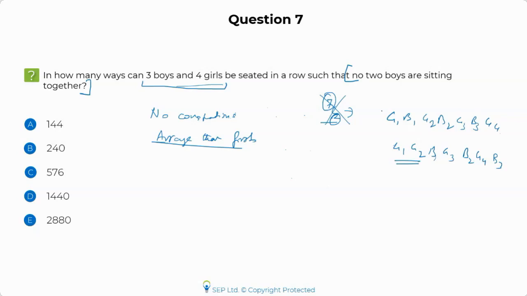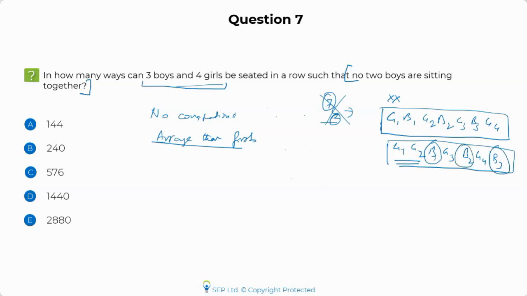So if you put it in an alternate way, alternately like this, you are making a mistake because you are not considering cases where the girls could also be together and the condition is still being satisfied that no two boys are sitting together. So this approach is cumbersome and it takes a lot of time. So kindly avoid it. Understand this thing that the girls don't have any constraint.